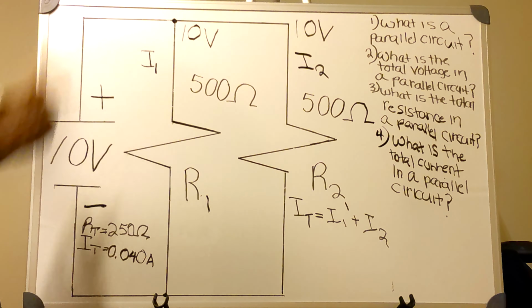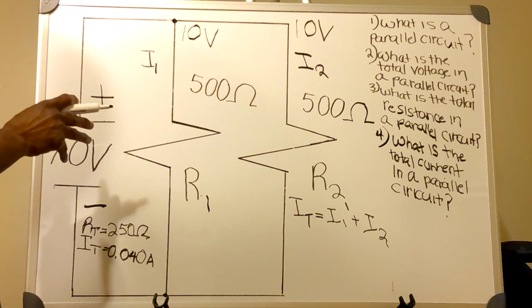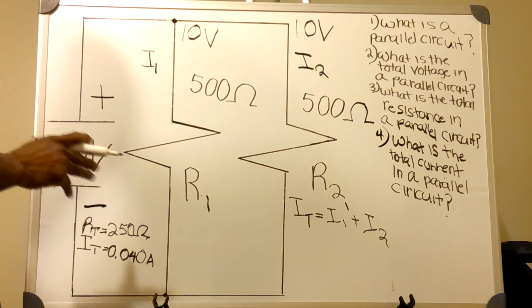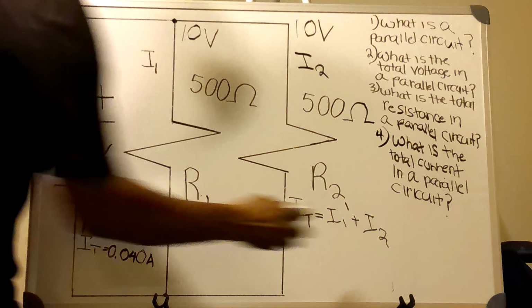Now, how do you find the current going through I1? You apply Ohm's law.